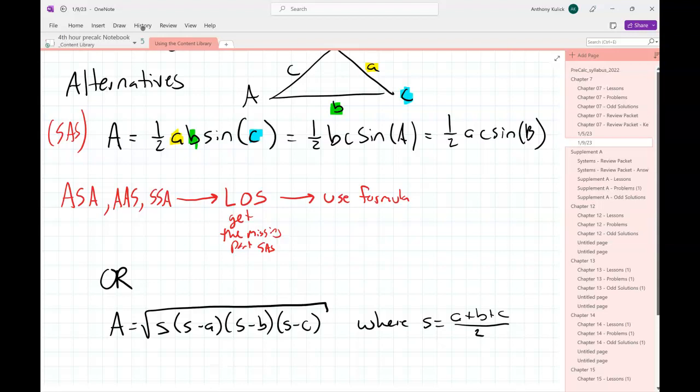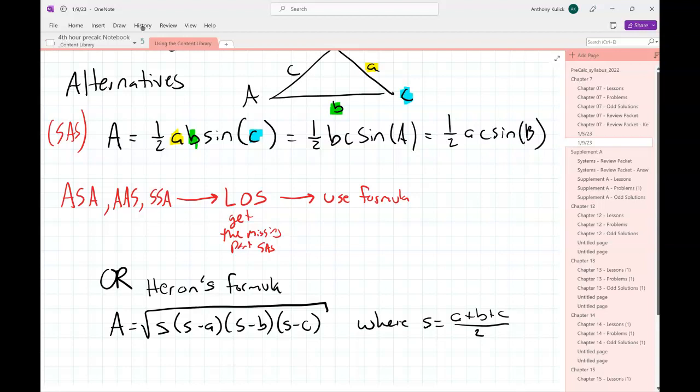This formula has a name. It's called Heron's formula. I believe Heron was an Egyptian mathematician, but he's probably actually Greek, because I think it's post Alexander the Great, where all peoples in the modern day Middle East are kind of Greek influence anyways.